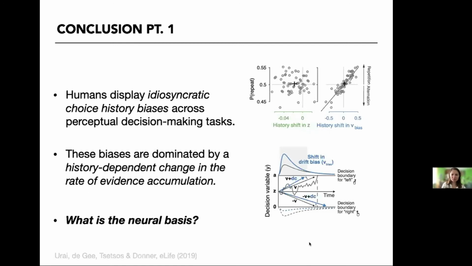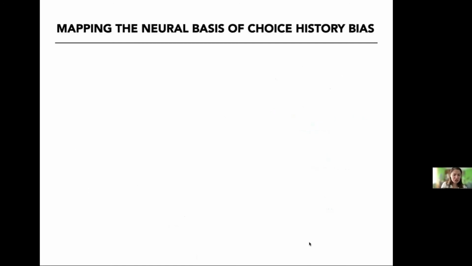Okay. Good. So that was a very quick overview of this modeling exercise, which I think is a really nice way to identify these components of the decision process that may be the computationally relevant core components of this process of interest.